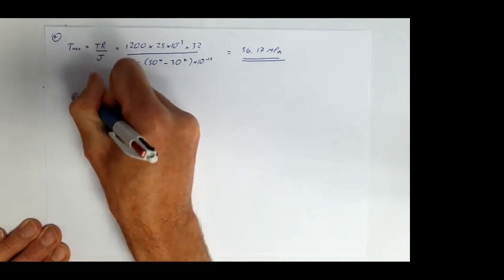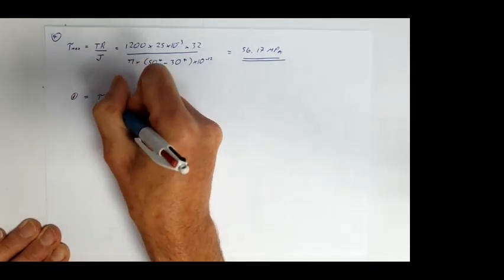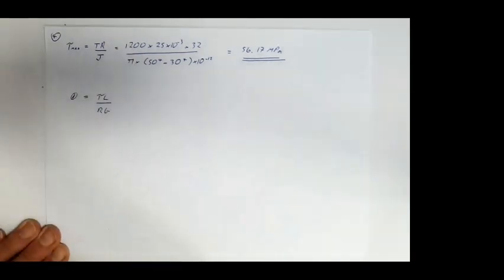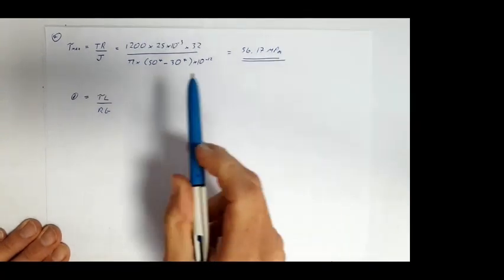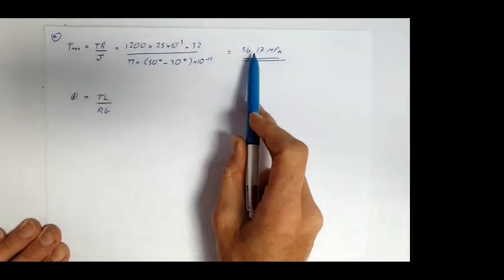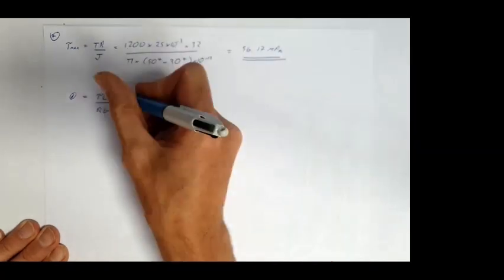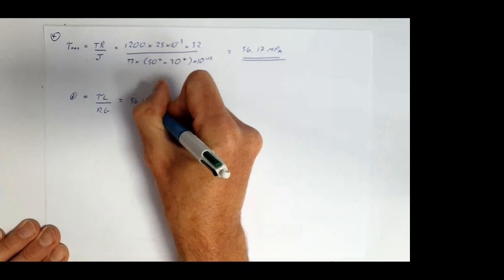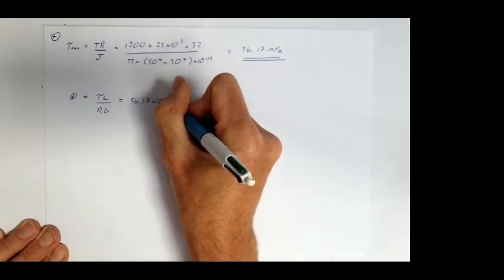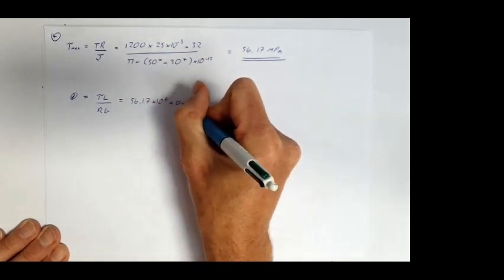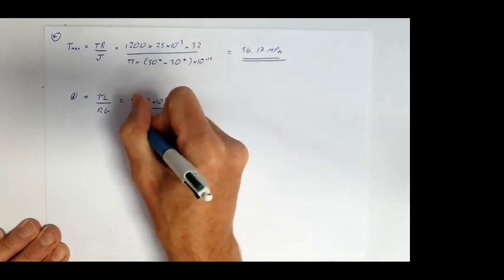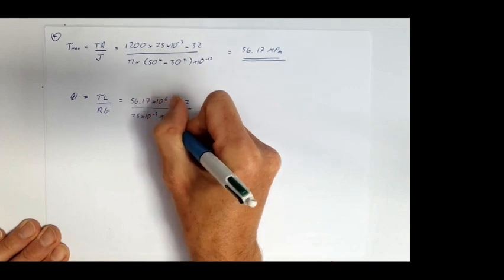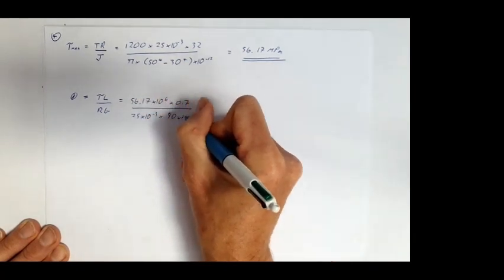Theta, again, is going to be exactly the same: τL over RG. The only thing that's changed now is that my shear stress has increased from 48 megapascals up to 56 megapascals. So we've got 56.17 times 10 to the 6 times 0.7 divided by 25 times 10 to the minus 3 times 90 times 10 to the 9.